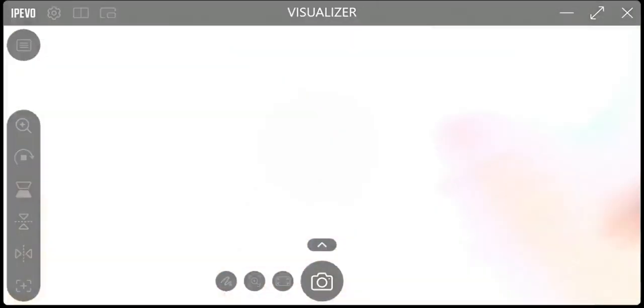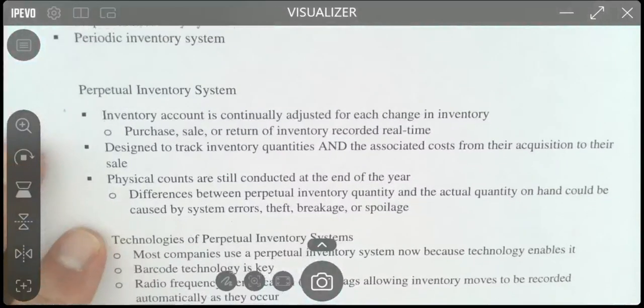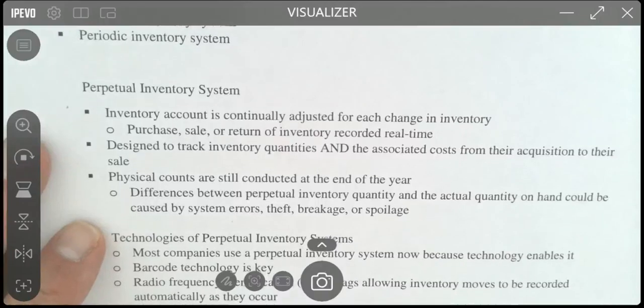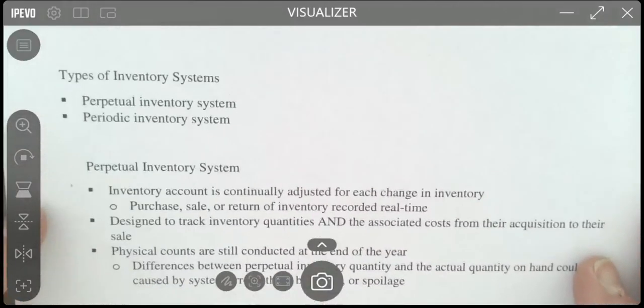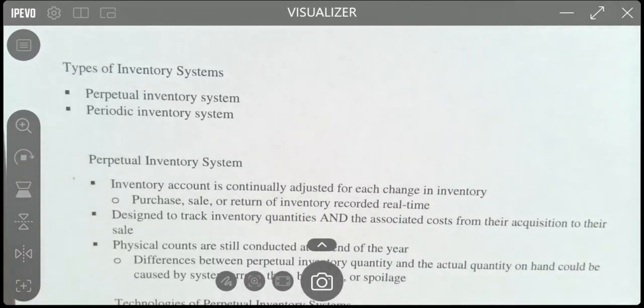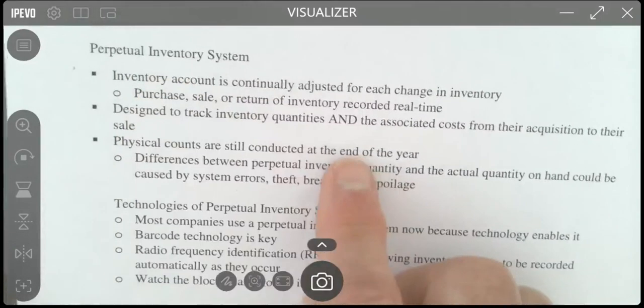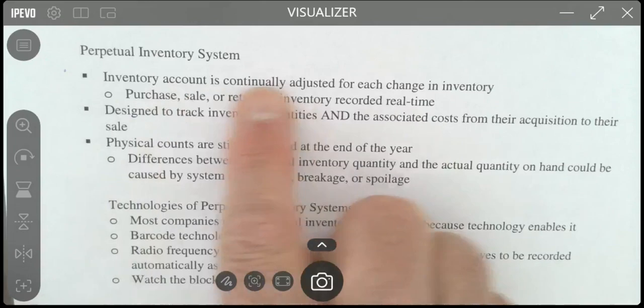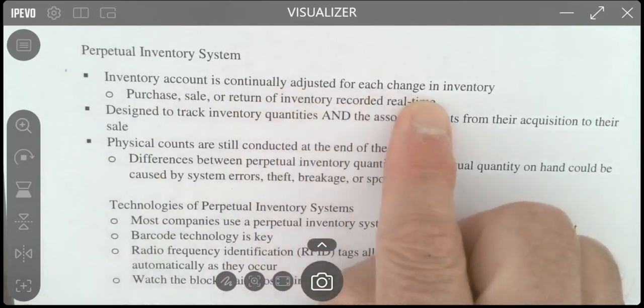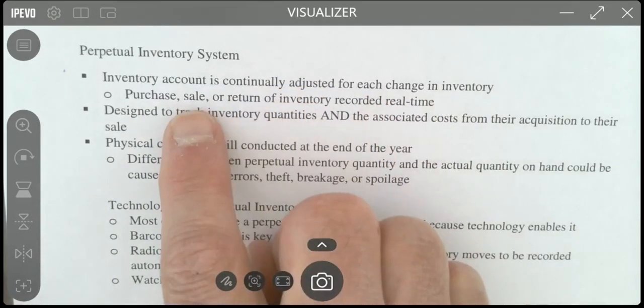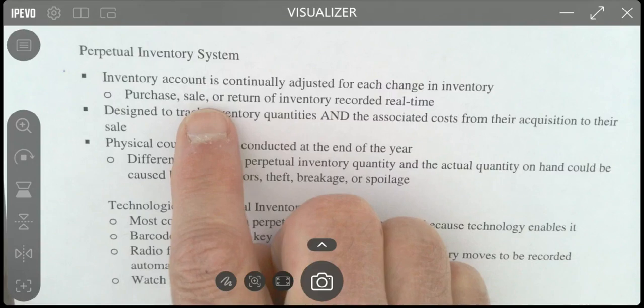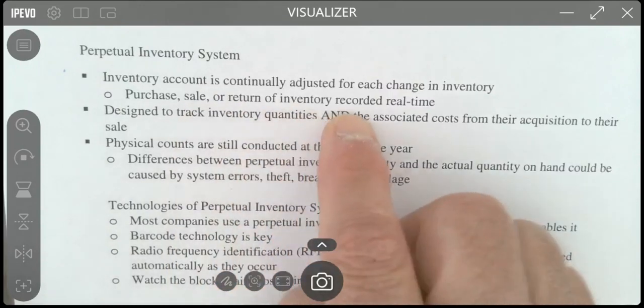So let's talk again in general first before we do cases. Types of inventory systems. Perpetual and periodic are the two types. A perpetual inventory system involves the inventory account being continually adjusted for each change in inventory, the purchase of it, the sale of inventory, the return of inventory.